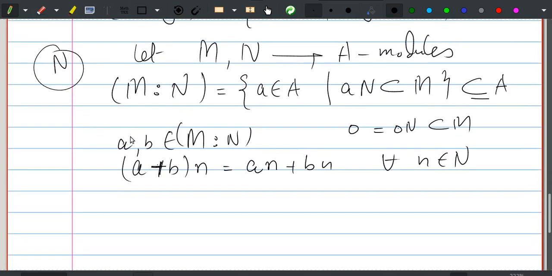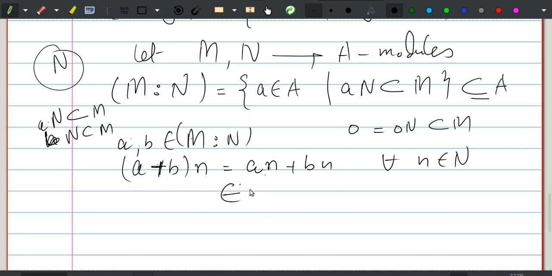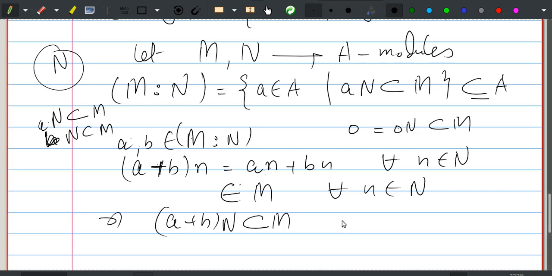Now a and b being elements of this colon means an is contained in M and bn is contained in M. So that means this is an element of M for all n in N. So this would imply that a plus b times N is contained in M. So this means this colon over here is closed under addition.